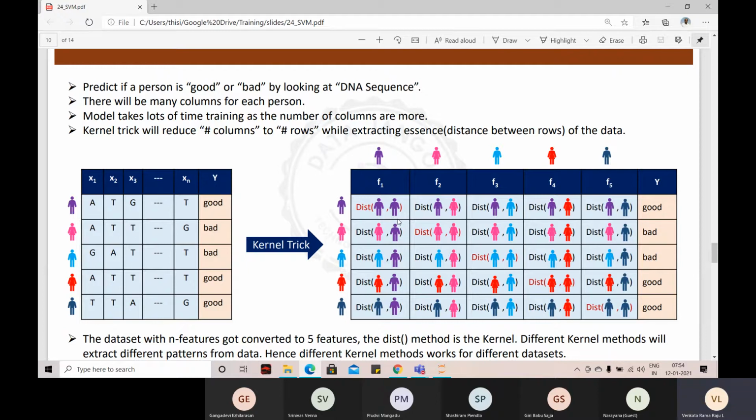So I have got an idea now. When I was actually talking, I've got an idea. Yesterday, one of our old students called me and asked me, there are documents and he needs to cluster them or group them into different clusters.